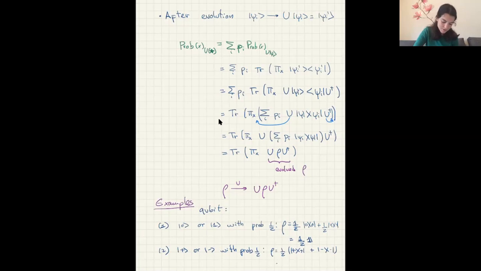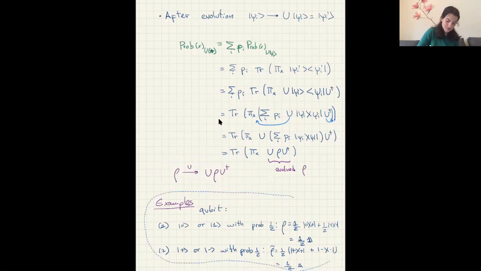So this is actually also 1/2 times the identity, which means that, let's call this rho tilde, it's a different state. In this case, we have that rho equals rho tilde, right?